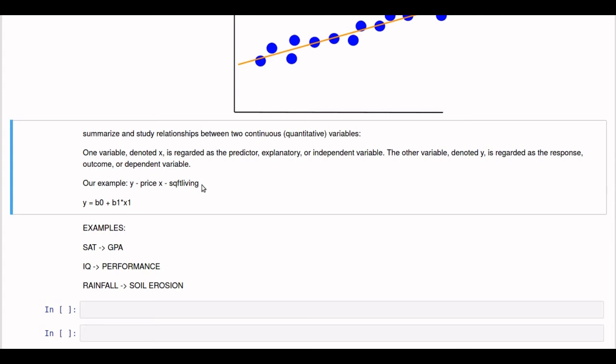So in our example, we will have the price as the y, as the dependent variable or as the predicted variable, and square feet of living will be x, our independent variable or the predictor. So we will be trying to predict the price of the house based on the square feet of living space.